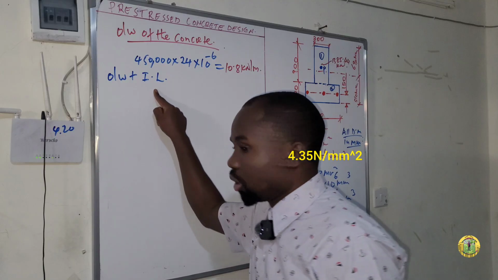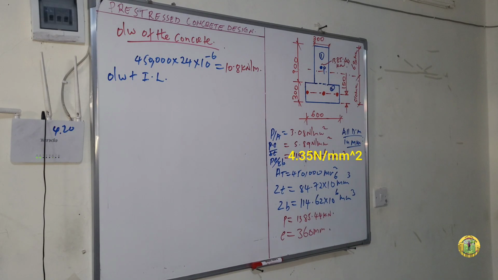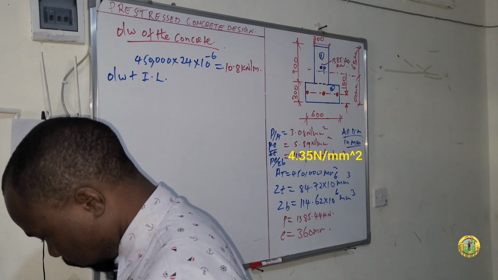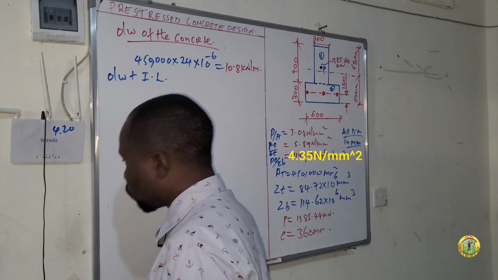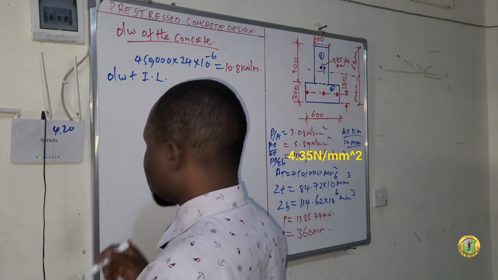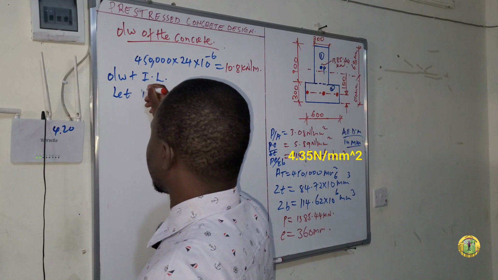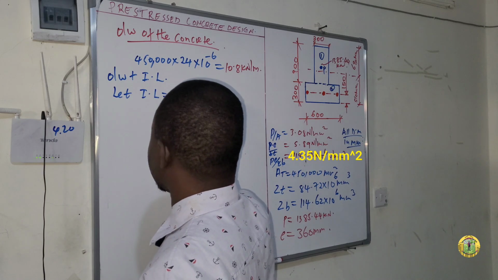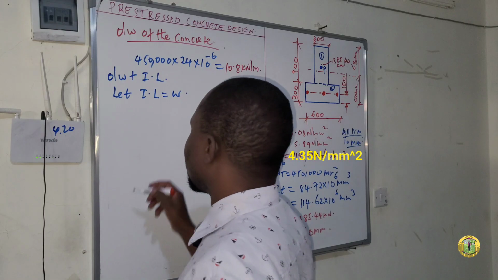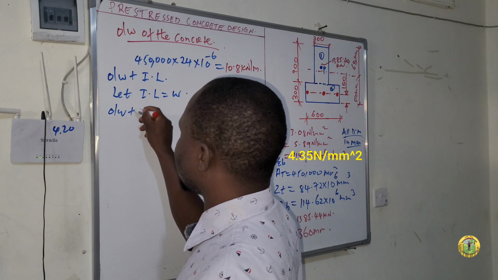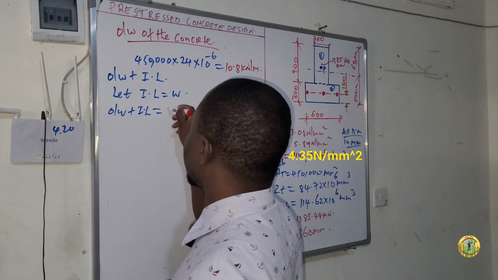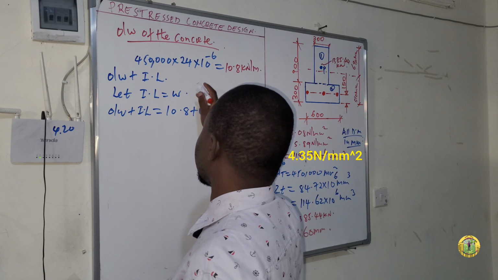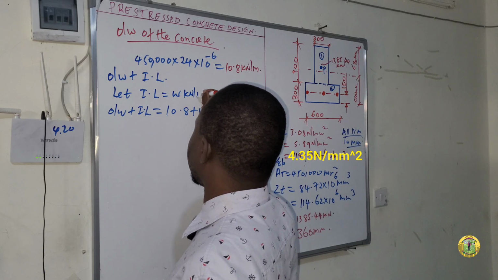This is the imposed load. So how are we going to determine the imposed load? Let's assume the imposed load equals W. So own weight plus imposed load will be 10.8 plus W. Remember, this is in kilonewton per meter.